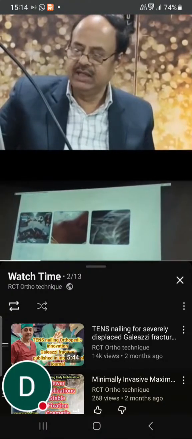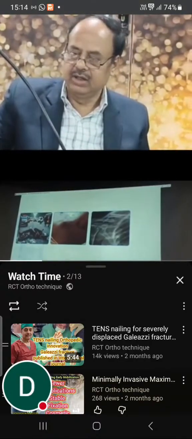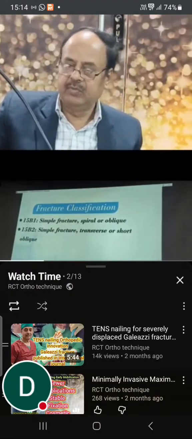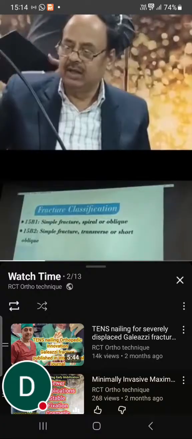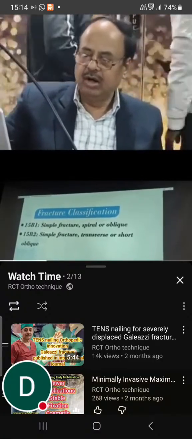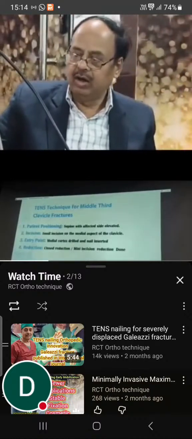So these are the typical clinical and radiological presentations and the mode of injury. We included simple fractures only, 15B1 and 15B2 according to AO classification. 15B1 is spiral and oblique, whereas 15B2 is transverse and short.